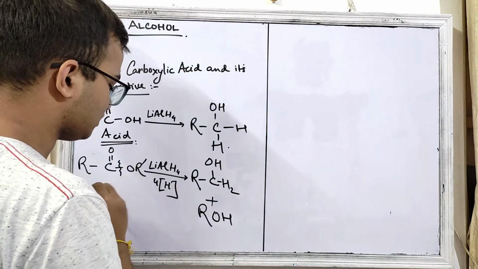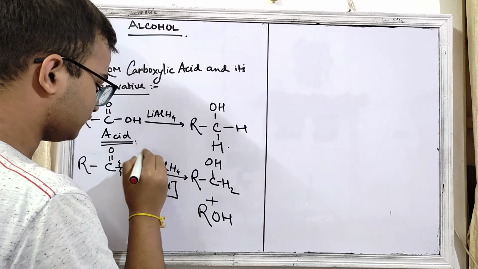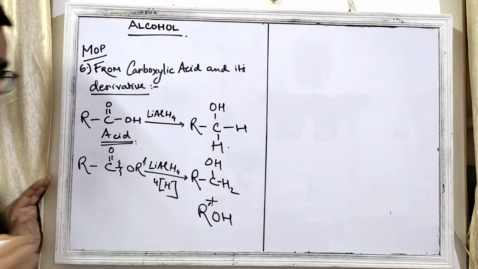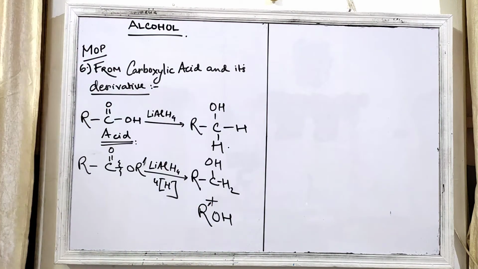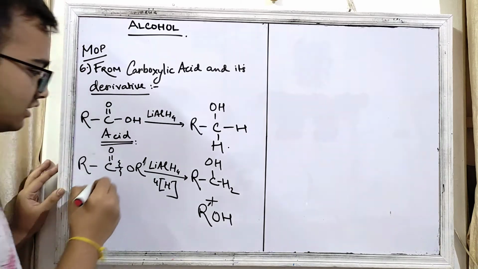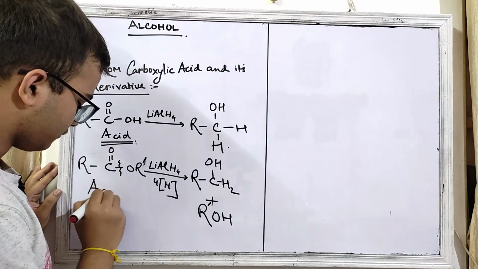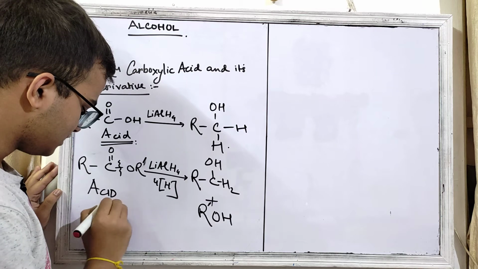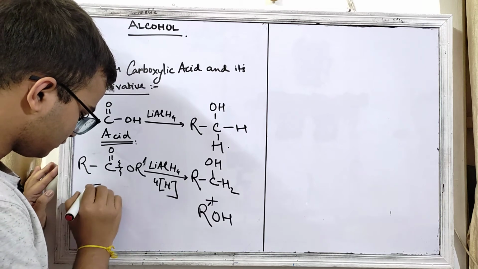You can call it R dash. If this is R dash, this will be R'OH. Clear? Now you cannot take NaBH4 over here. This is not acid, this is ester.